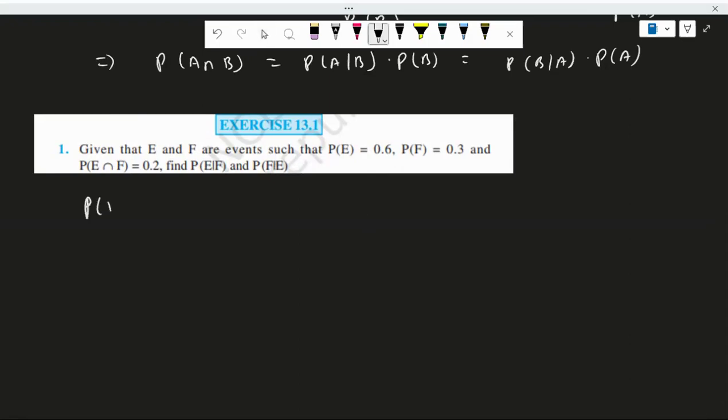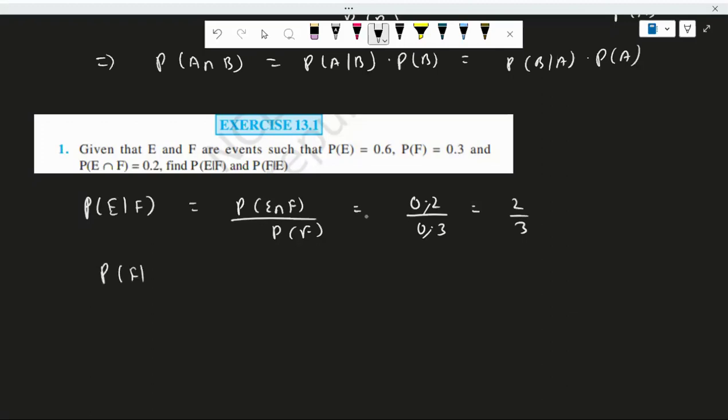So we just need to apply the formula. P(E by F) equals P(E intersection F) over P(F). P(E intersection F) is 0.2 and P(F) is 0.3. So the answer comes to 2 over 3.